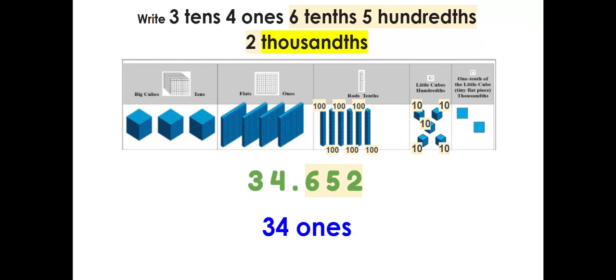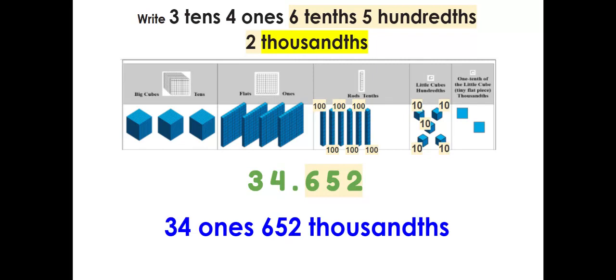So if we think of all of that together, we did have 2 thousandths, but there were 50 thousandths when we had those 5 hundredths. And then there were actually 600 pieces of thousandths when we look at that 6 tenths. So if we wanted to, instead of splitting all those up, we could just look at that 652 and know we actually have 652 thousandths.